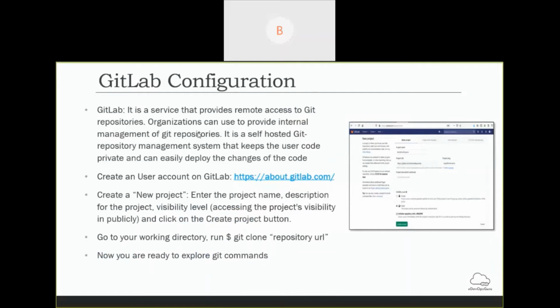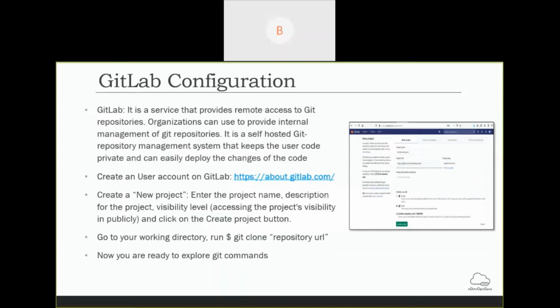Before jumping into the Git commands, we can have an overview of how to configure GitLab. GitLab is a service to provide remote access to Git repositories. Companies or organizations can use it to provide internal management of Git repositories.